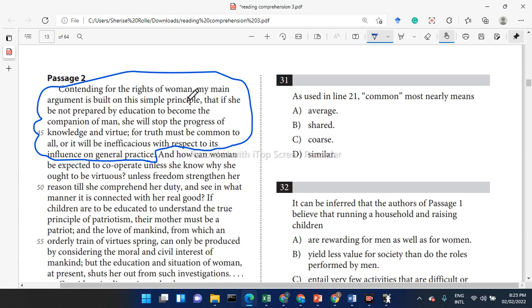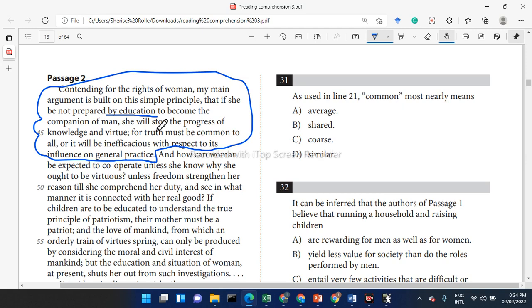And her simple principle is that if the woman is not prepared by education to become the companion of man, in other words, if you don't teach the woman what she ought to do, if the woman is not sufficiently educated to know what to do, how can she possibly pass that information to her children? Like, if she don't know how to read, how can she educate her children to know how to read?